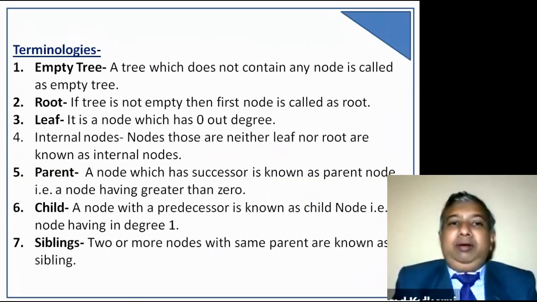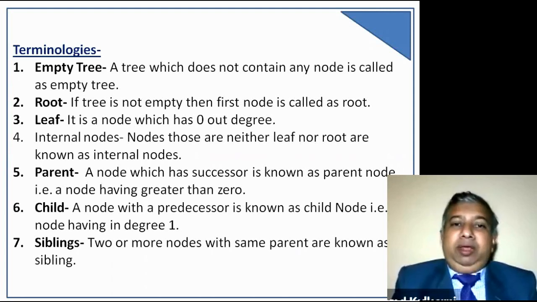Let us try to understand terms involved in trees. First one is empty tree. A tree which does not contain any node is known as an empty tree. In programming, it is denoted by null. Root.